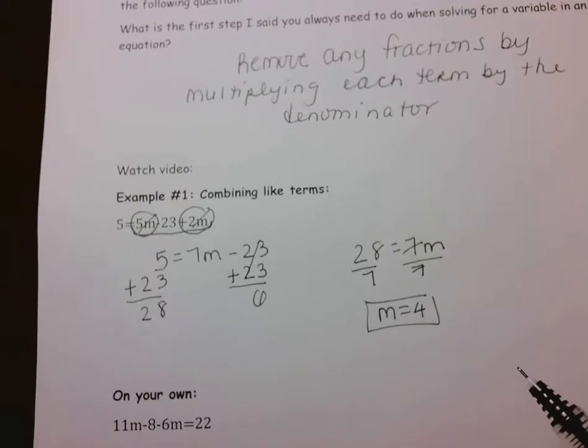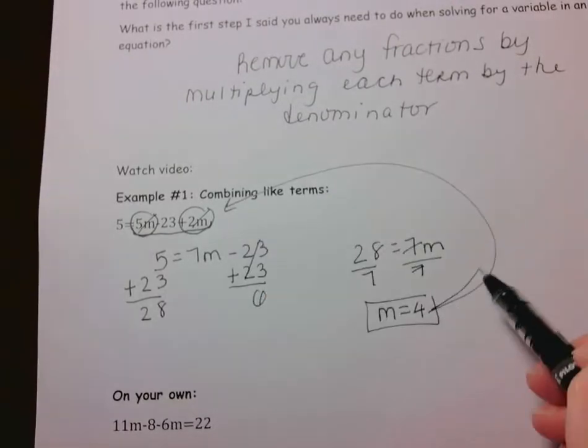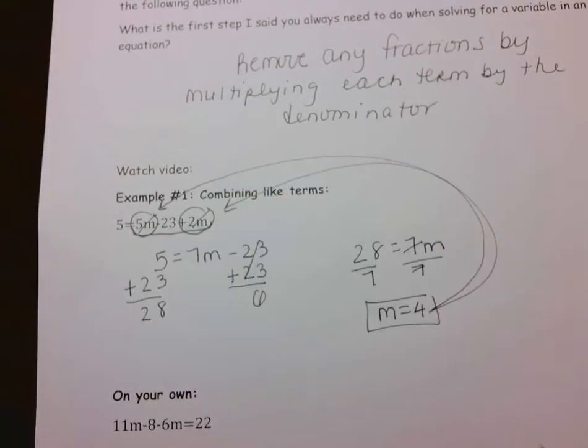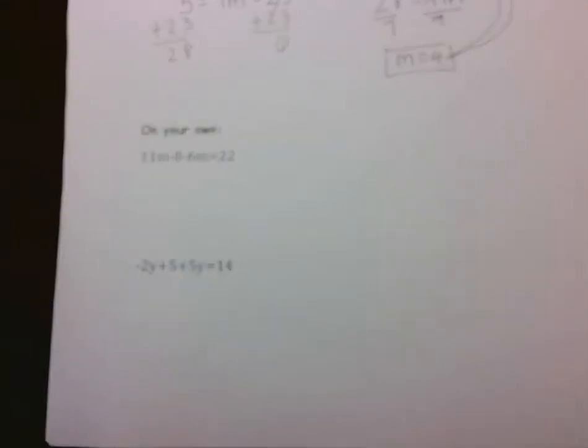And then how do I check my work? I plug in 4 into both places. And I want to ask myself, when m equals 4, is this equation true? Okay, so go ahead and hit pause and work these out on your own.